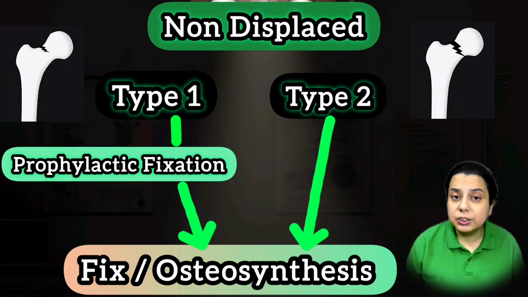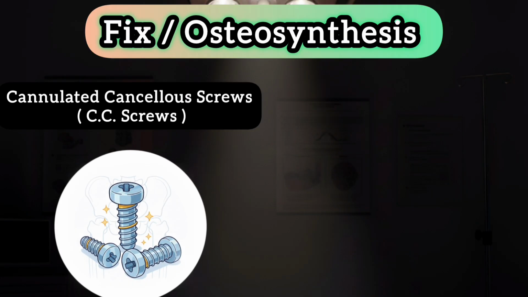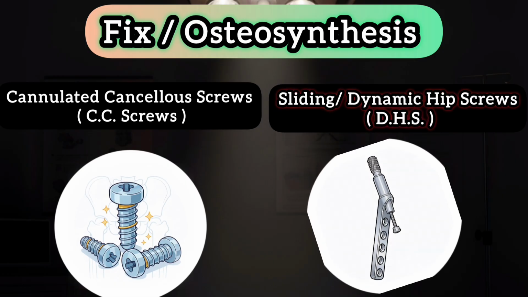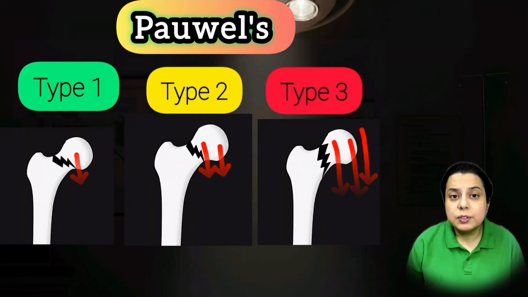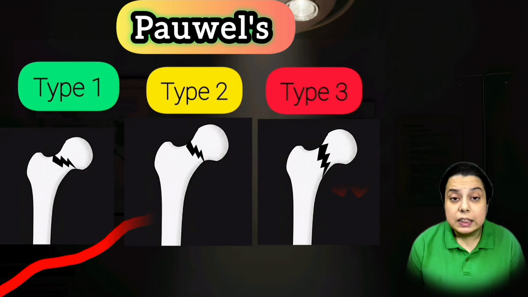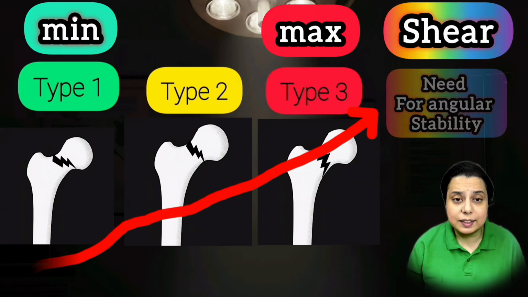There are two major implants for osteosynthesis. One is multiple cancellous cannulated screws, or the CC screws, and 2. Sliding hip screw or dynamic hip screw, the DHS. As we discussed earlier, as Pauwels type 1 shifts to type 2 and type 3, the shear forces increase. There is a greater need for angular stability.